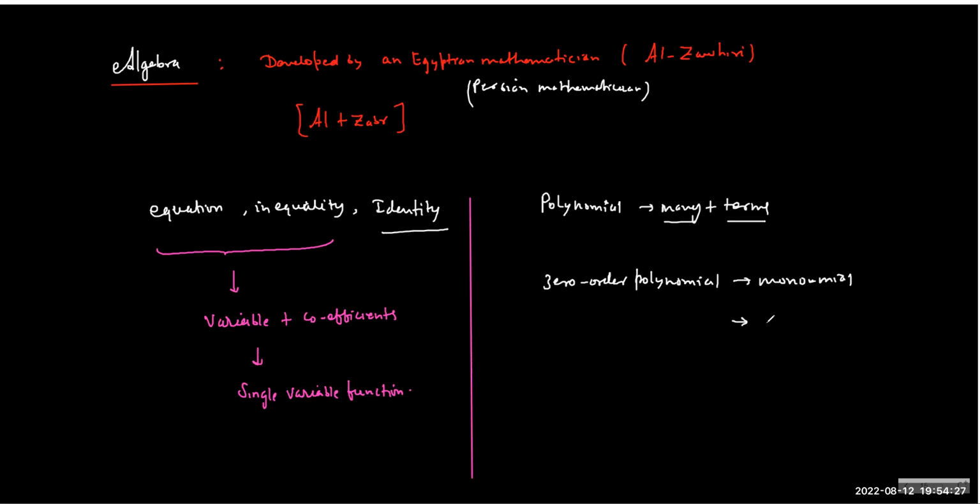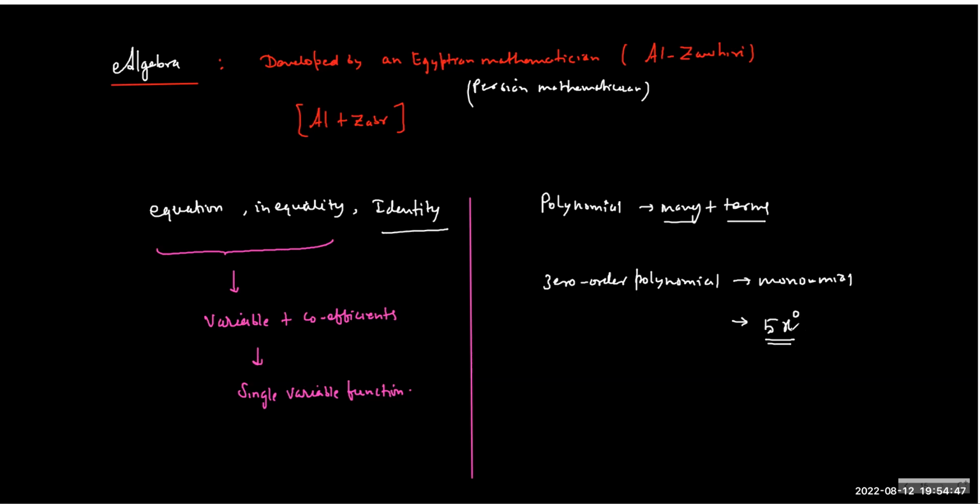Although poly means many, in mathematics everything goes this way. Any number which you write, let's say 5 or 10, where no variable is written, we can add a variable with power 0. So it is also written in terms of a variable, but the power of the variable is 0. You can think that way.